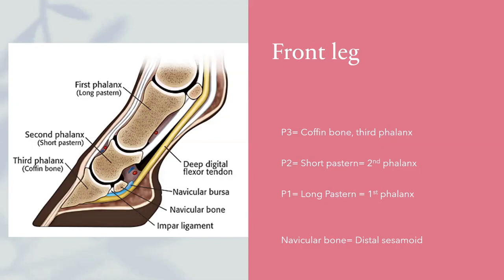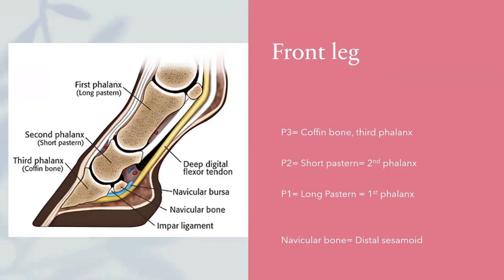So distal basically means further from the body, whereas proximal is going to refer to closer to the body. Does that make sense? All right, so our distal sesamoid is going to be our navicular bone. So it's further away from the main part of the body than the proximal sesamoids.